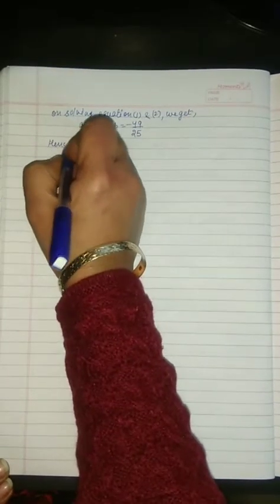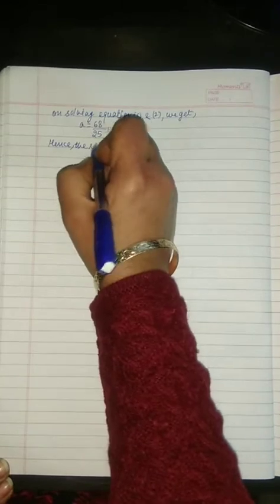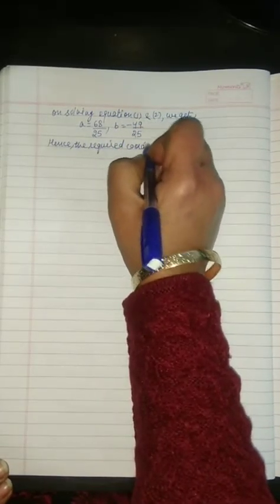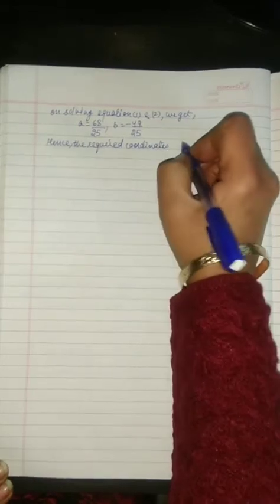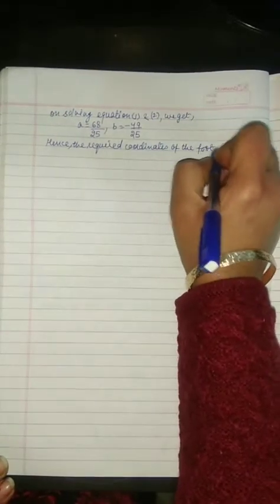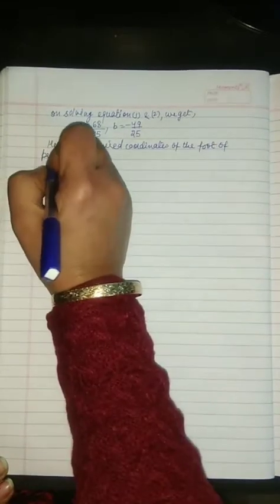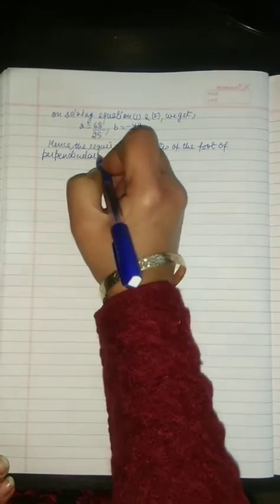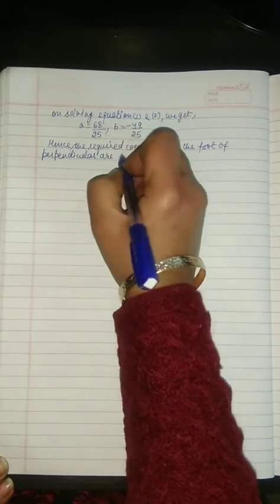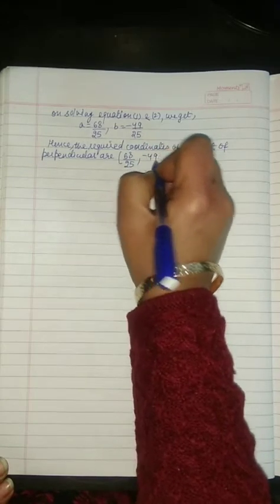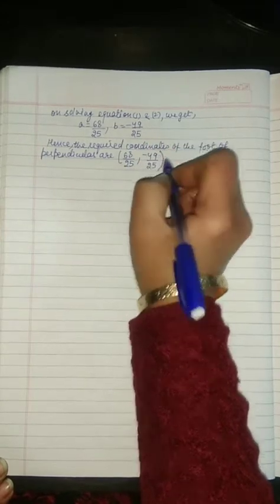Hence, the required coordinates of the foot of the perpendicular are (68 by 25, minus 49 by 25).